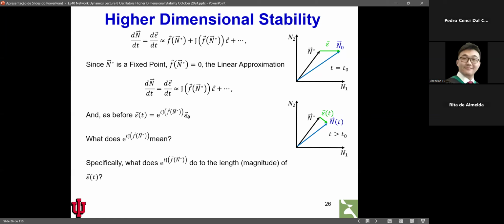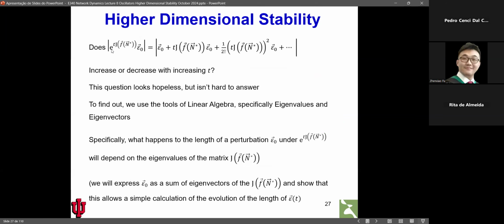applied over epsilon naught. How do I know, because I want to know the modulus of this, which is the size of the perturbation at time t, right? So we started with epsilon being epsilon naught, and then as time goes on, you just apply this operation, you're going to have this value of epsilon, the perturbation at time t, and you can calculate the modulus.